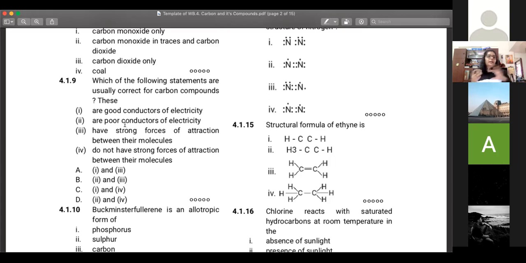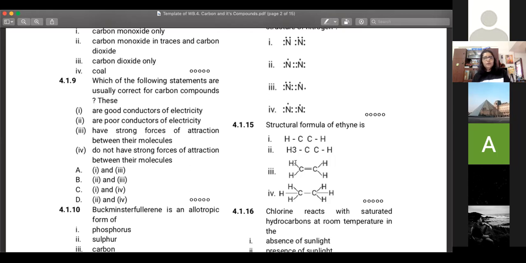If you want to conduct electricity, what do you need for that? Ions. Yes, either electrons or ions. Do carbon compounds have ions? No, they're usually found in ionic compounds. Carbon compounds are all covalent.